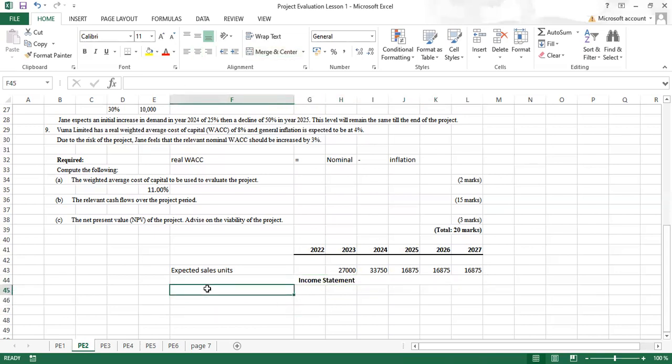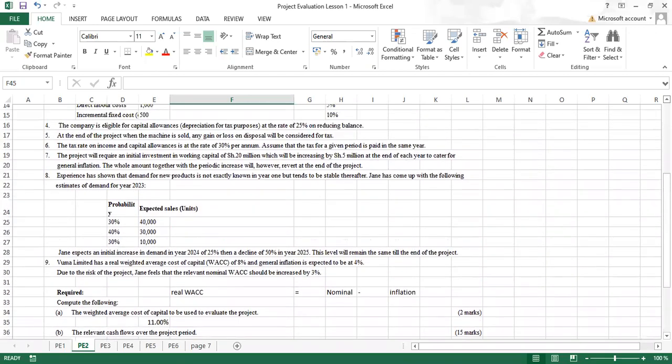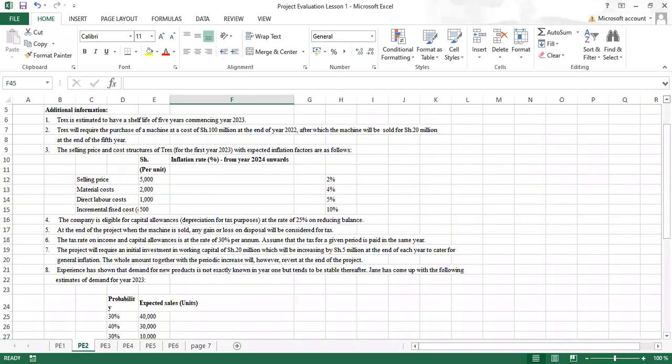We were given the sales. The good thing about Excel is you don't have to write everything.